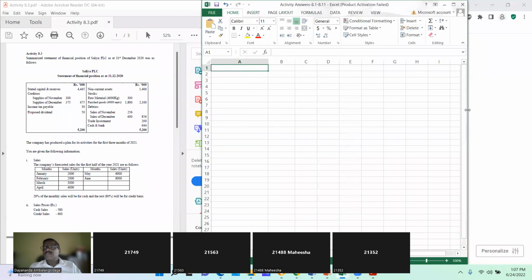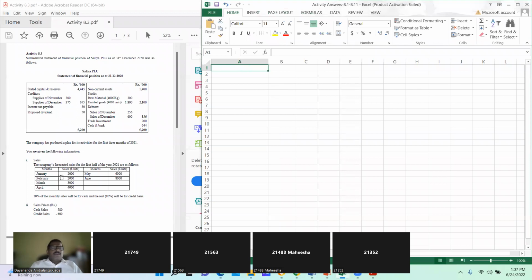Okay, good. Based on the sales figures, we are preparing the sales budget first. Sales budget for 3 months: we have January, February, and March.